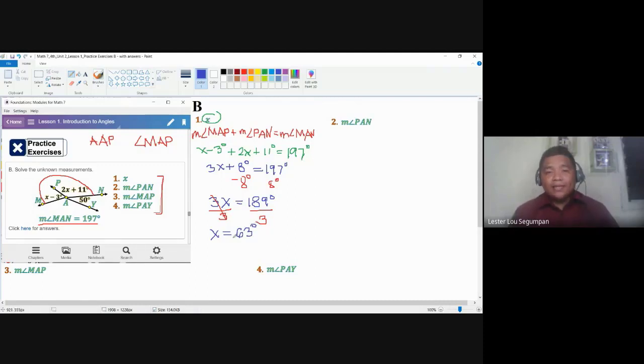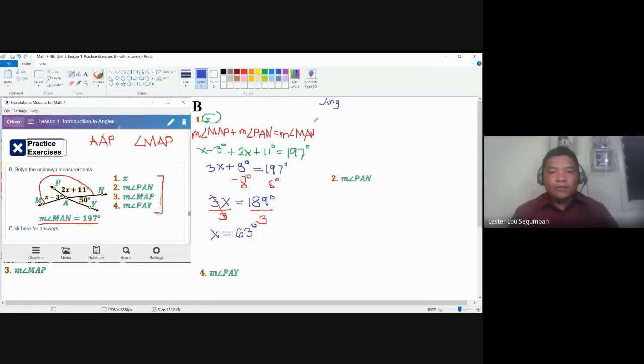Before applying this to the rest of the angles here, it's always important that we are convinced that this is correct. And to do that, let us do a sort of checking. Checking will be required by this process here, wherein x is 63 degrees.